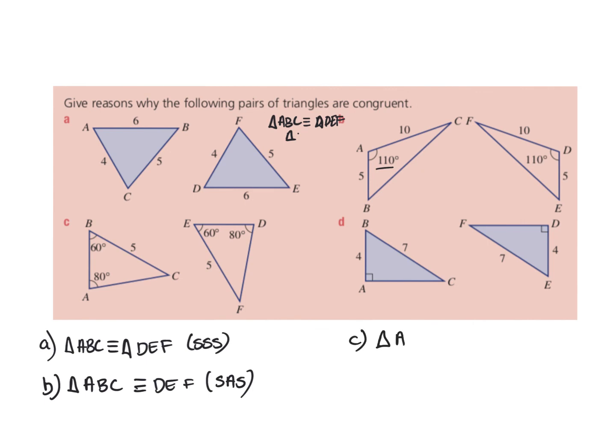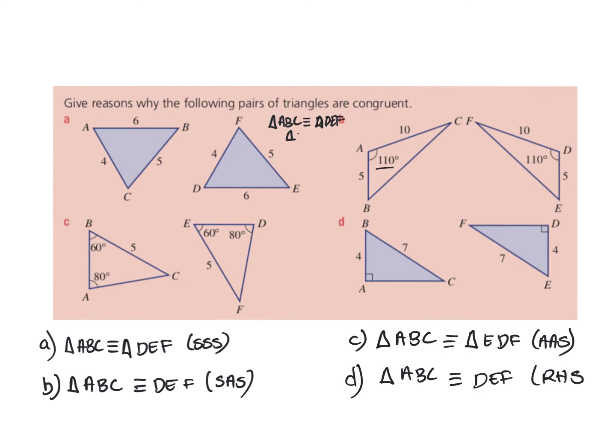Triangle ABC is congruent with triangle EDF. Why? Angle, angle, side. Excellent. Good work. And D, the last one, triangle ABC, congruent with DEF, because of right angle, hypotenuse, side.